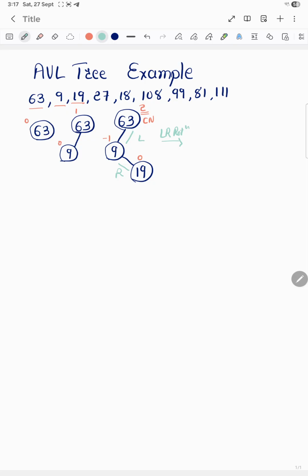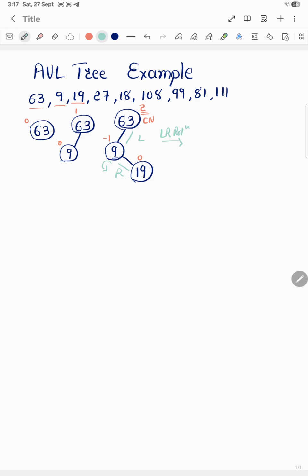In LR rotation, which is a double rotation, first we need to rotate the node after the critical node. Here it's 9, and I need to rotate it towards the left.